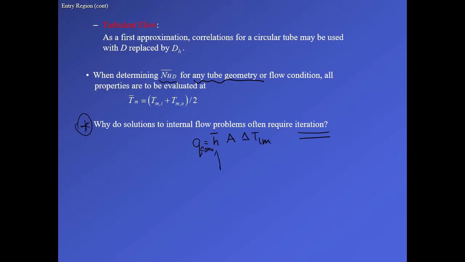So you need to find h bar as well as delta T log mean, which contains your Tm outlet. Your Tm outlet requires the h bar value, and your h bar value requires the thermophysical properties, which require your Tm outlet and Tm bar, which is this one.